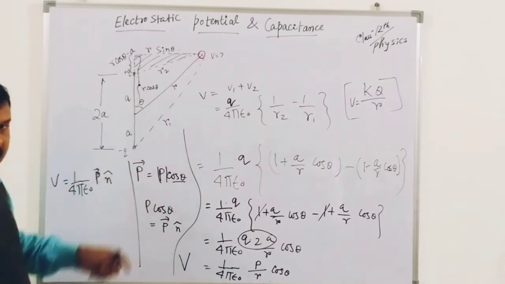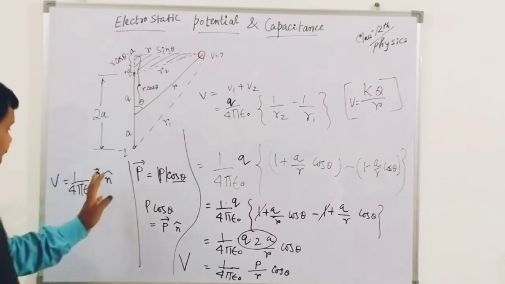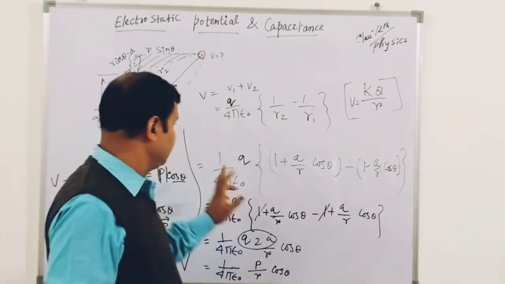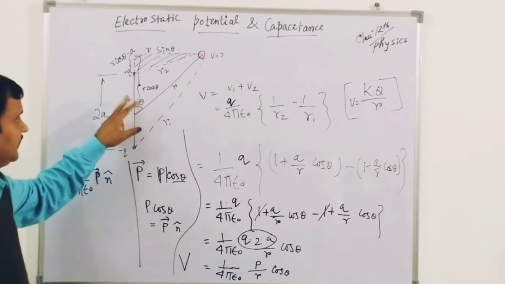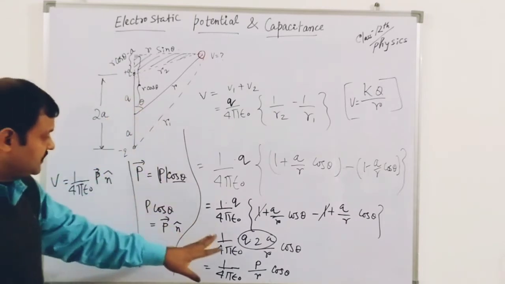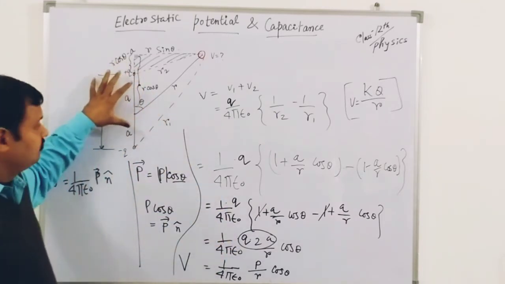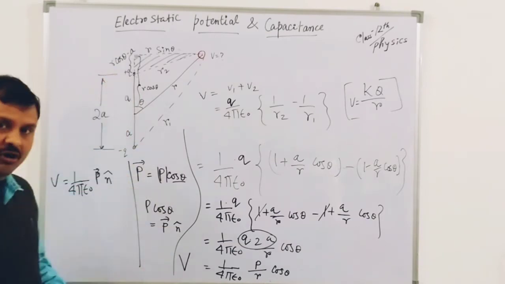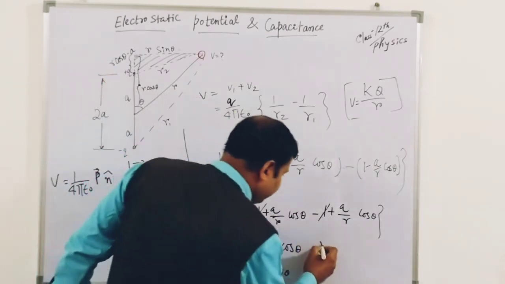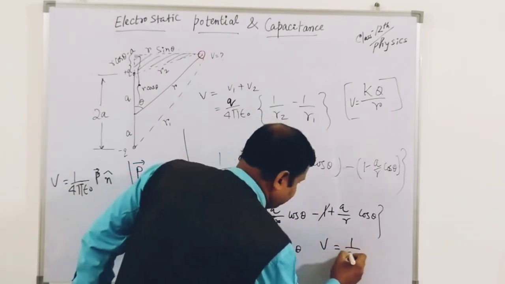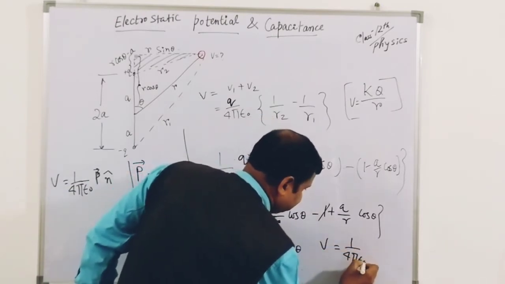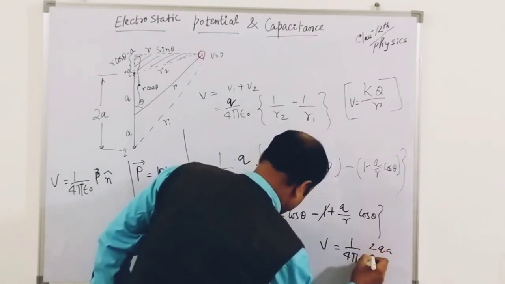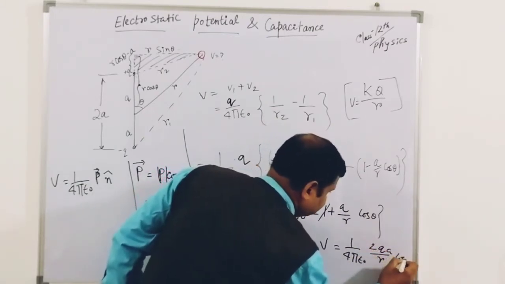If you consider two charges, instead of replacing with the electrical dipole here, if you have some equal amount of charges in a system, then the potential will be only this much: 1 by 4 pi epsilon naught, then 2qa over r squared times cos theta.